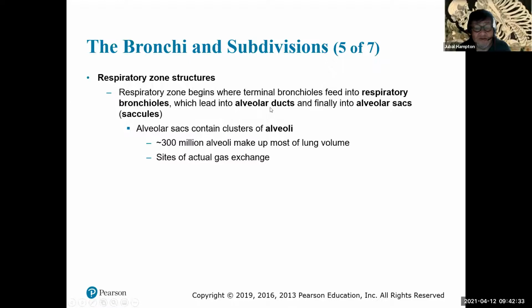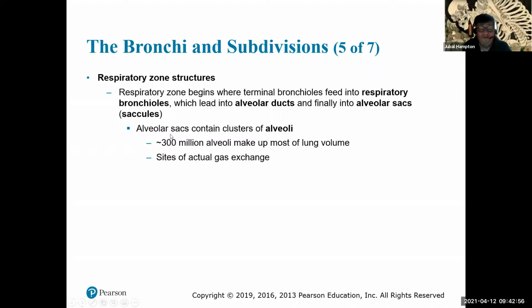The alveolar ducts do not exchange gas. Only the alveolar sacs exchange gas, oxygen and carbon dioxide. So this is our respiratory zone within the alveoli.